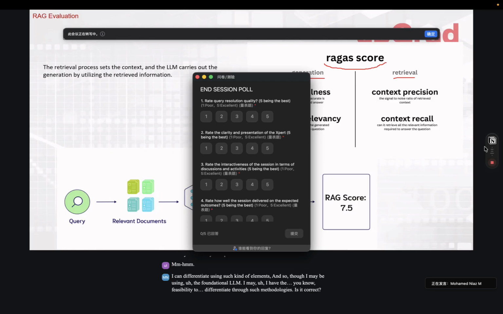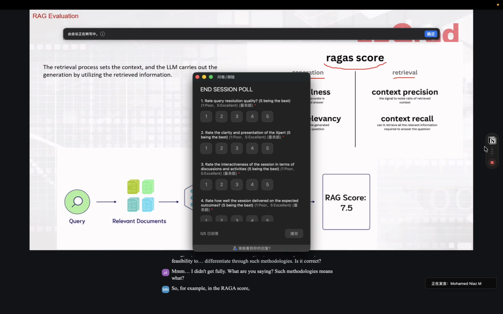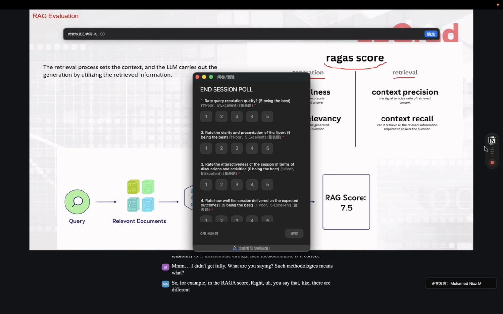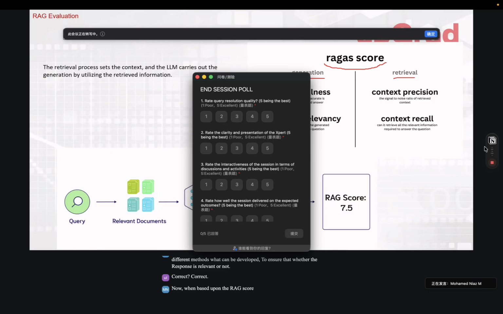I didn't get fully what you're saying. Such methodologies, for example, mean what? In the Ragas score, you say that there are different methods that can be developed to ensure whether the response is relevant or not. Then, based upon the RAG score, if it is scoring poorly, naturally the overall system will go into an iterative mode to make the score better, something similar to a GAN.